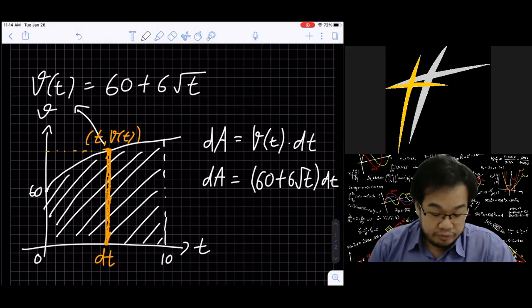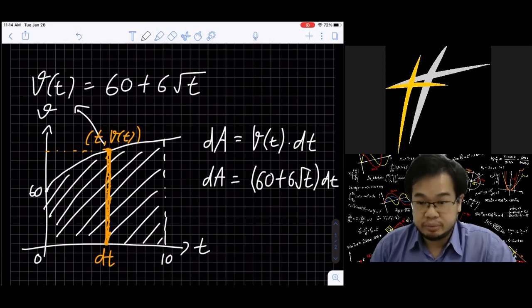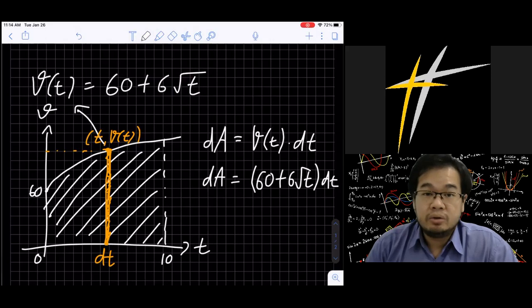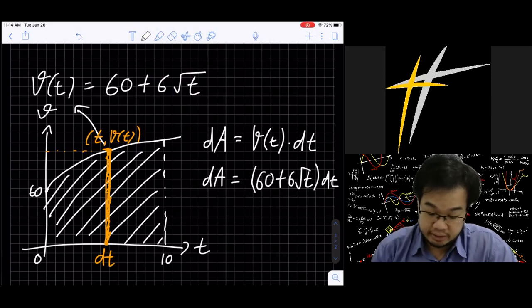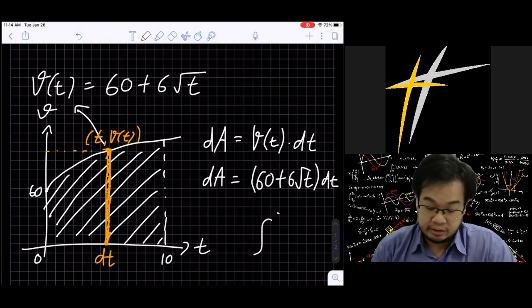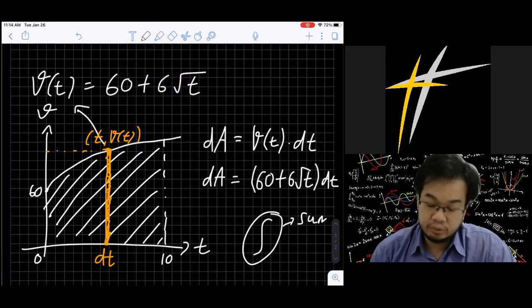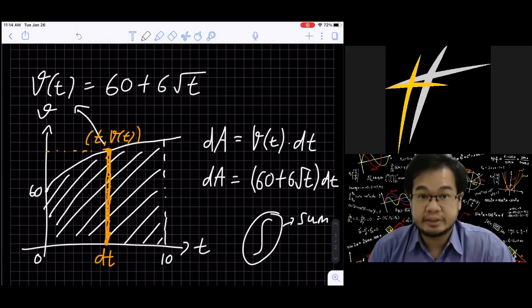Now, how do we find the whole area from 0 until 10? We know that the integral symbol is like this, and this is a stretched S, which comes from the word sum, addition.